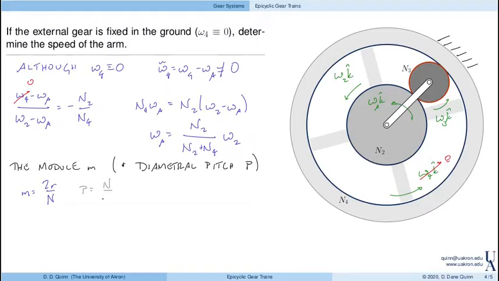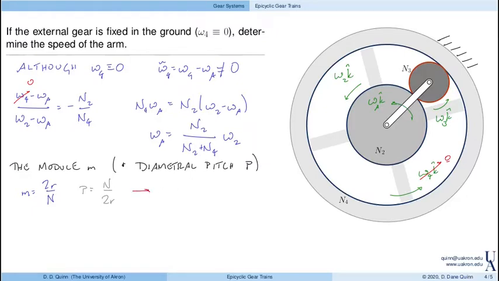For historical reasons, the module is given in metric or SI units, right? So if you have a gear with a metric standard, they'll typically give you the module. The diametral pitch is usually given in English units, right? So if you have an English-British standard, then you might be given the diametral pitch. But they're defined in the following way. So we can relate the radius of the gears to the number of teeth. Right?